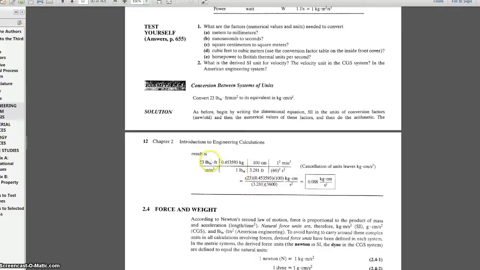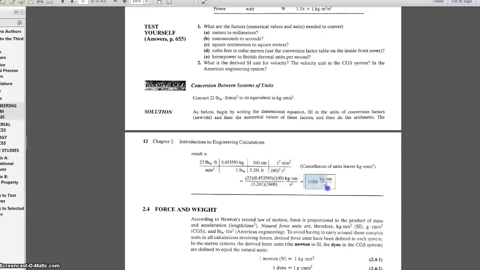They cancel out pound and leave kilogram. Then since foot is up here, they put it down there, and you can cancel it out. So that's kilogram centimeters. Since minute is at the bottom, they put the conversion 1 minute to 60 seconds, so they cancel out the minute and leave seconds square.